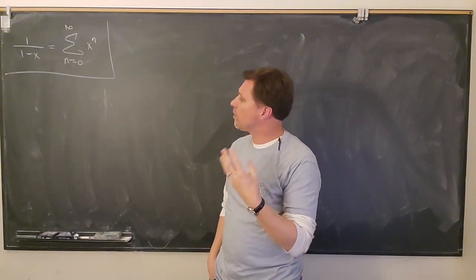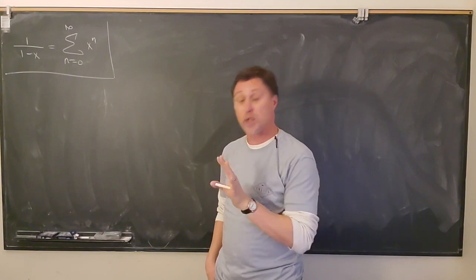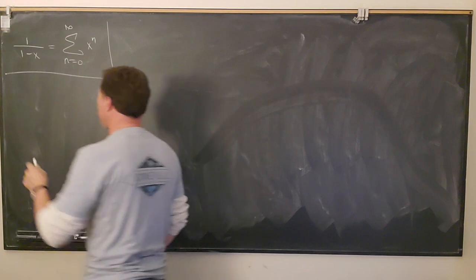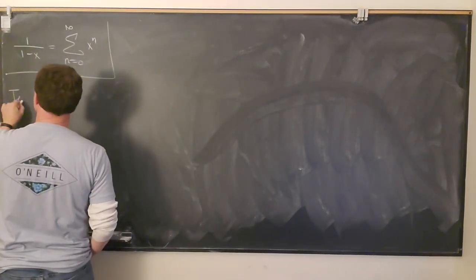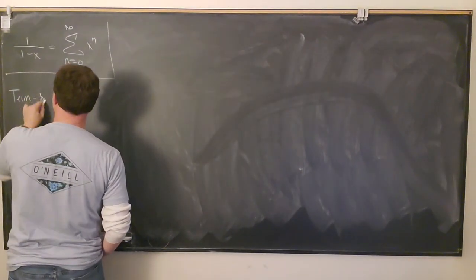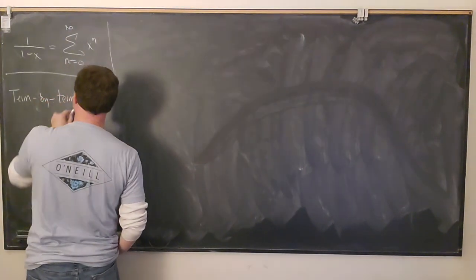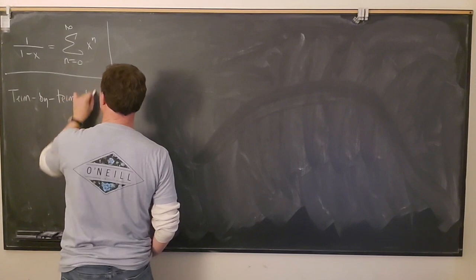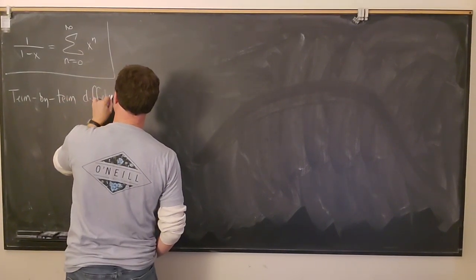Now, we need a little bit more technology, and once we have that, we'll be able to do more advanced representations of functions. Here's the next piece of the puzzle. It's called term by term differentiation and integration of power series.